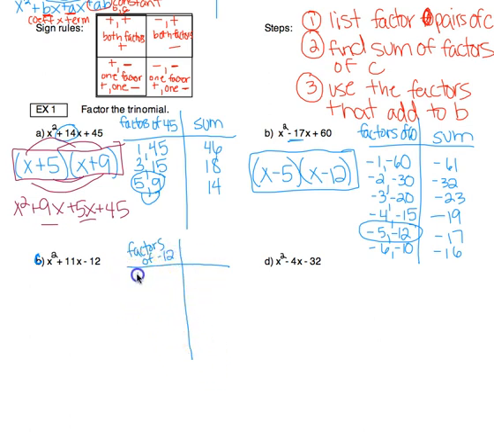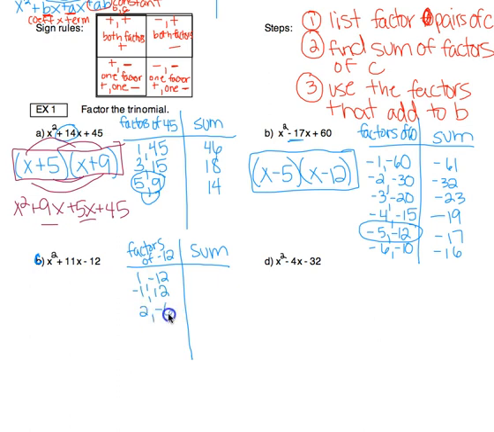So it could be 1 with negative 12. This one, unlike the others, I actually have to list doubles each time because I could switch the signs. 12 divided by 2 is 6.